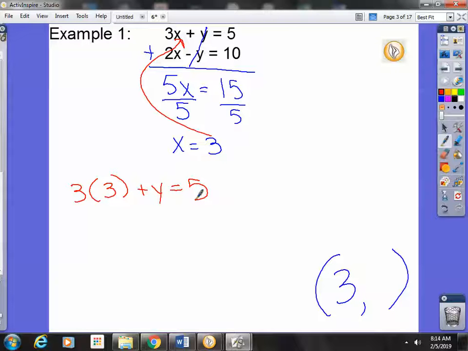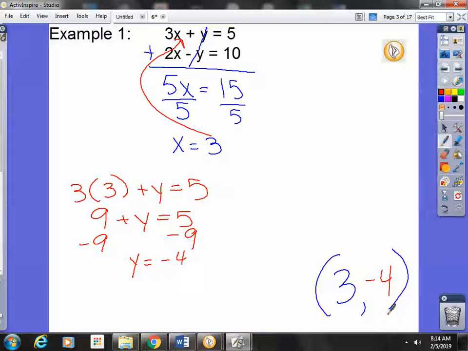So x is coming out of the problem, and in its place is going 3. 3 times 3 is 9. Plus y equals 5. Subtract 9 from both sides. Y equals negative 4. So these 2 lines should intersect at 3, negative 4.